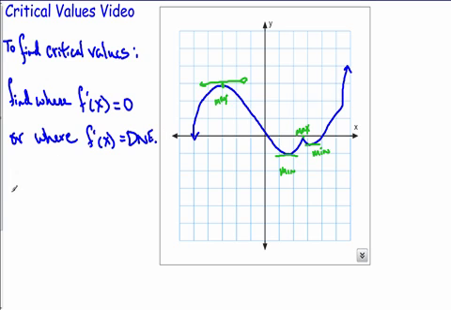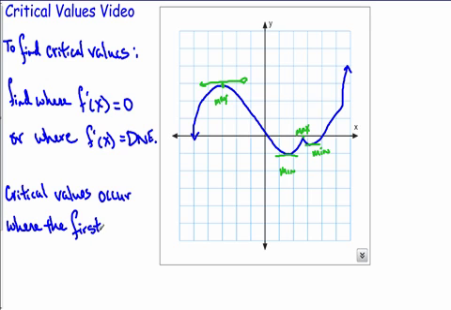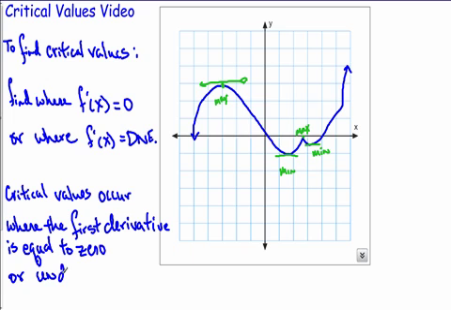Okay? So even give yourself that note if you wish. Critical values occur where the first derivative is equal to 0 or undefined.